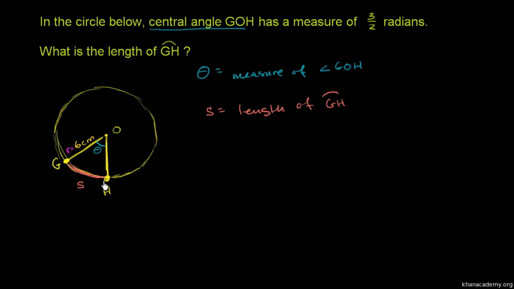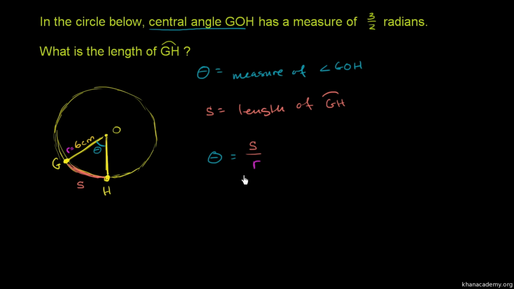So what's the relationship? Well, the definition of radian measure says that an angle measured in radians is the ratio between the length of the arc that subtends that angle, so S, and the radius of the circle.